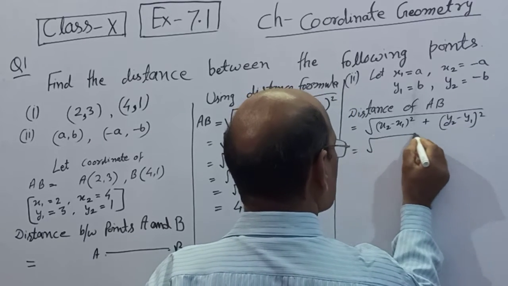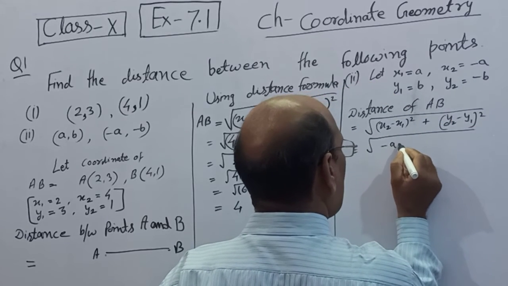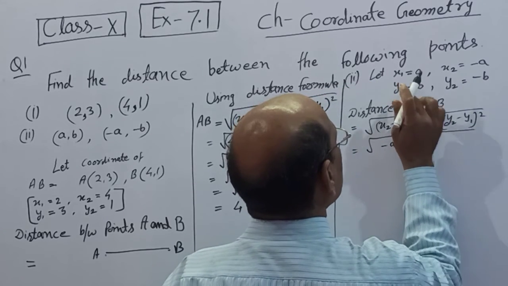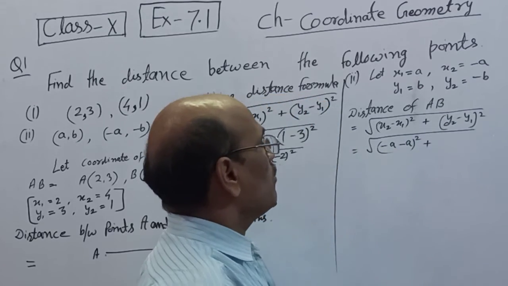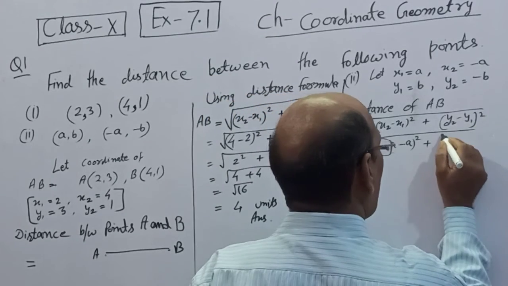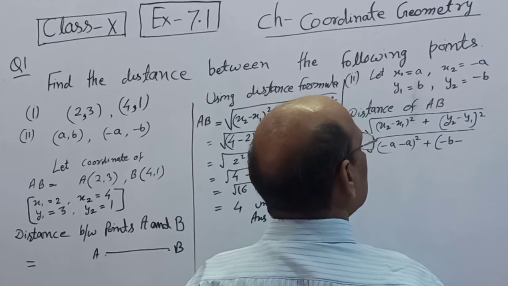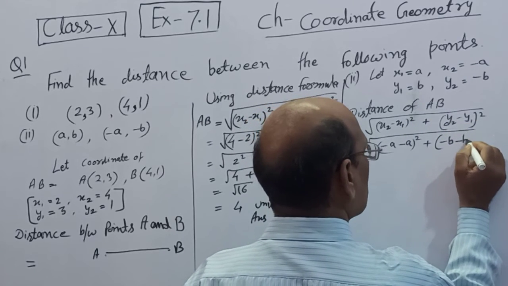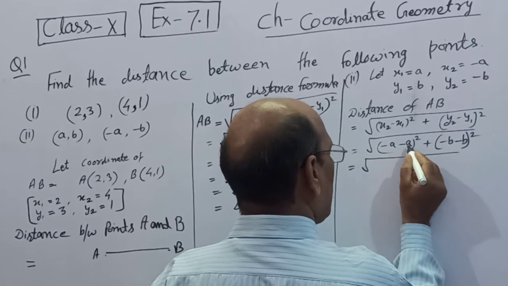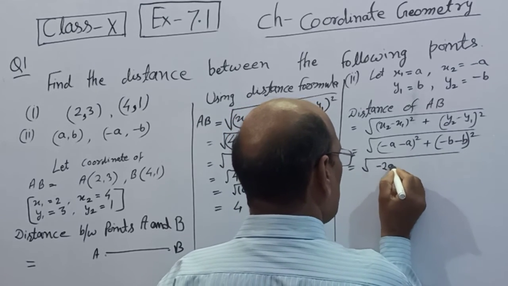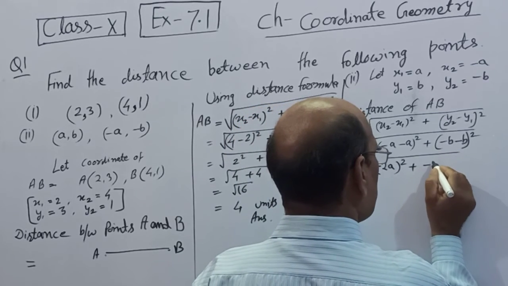Then putting in this formula, x2 is equal to minus a and minus x1 is equal to a, whole square, and plus y2 is equal to minus b minus y1 is equal to b, whole square. Therefore minus a and minus a is equal to minus 2a whole square plus minus b and minus b, minus 2b, whole square.